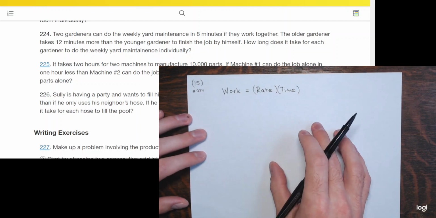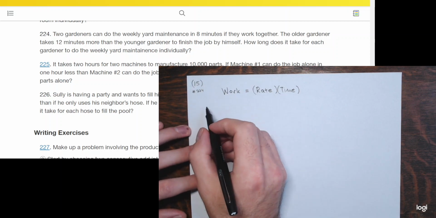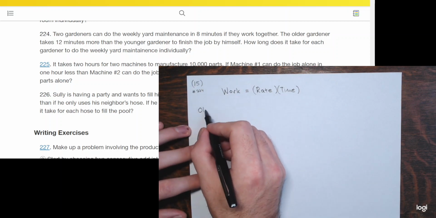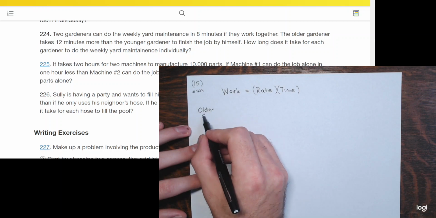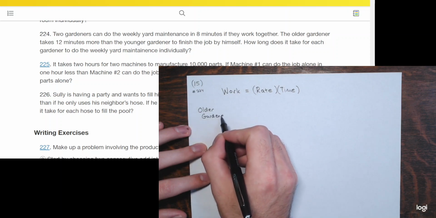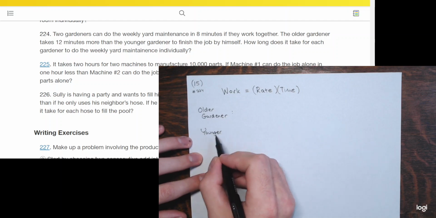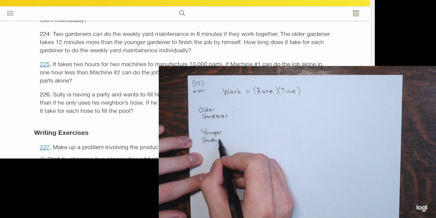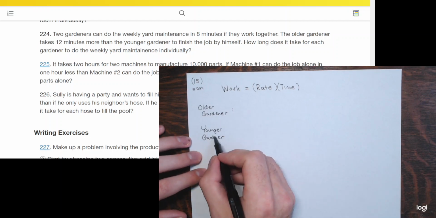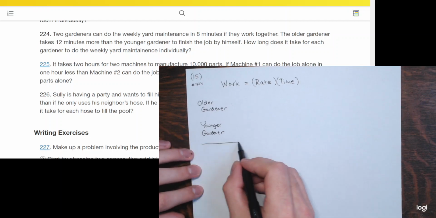Now you have the older gardener, you have the younger gardener, and then them working together.